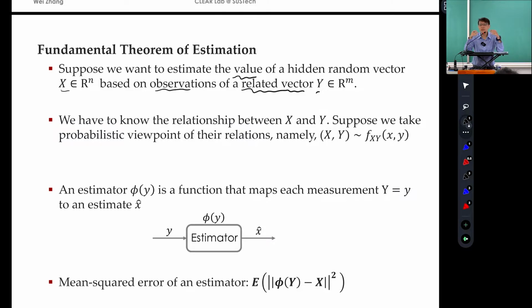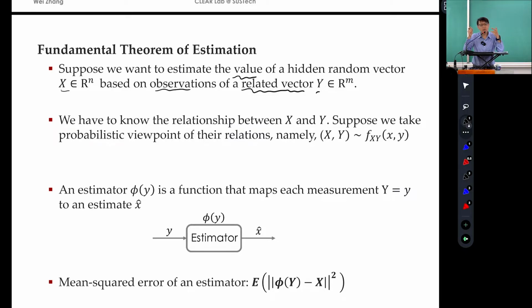Let's think of the famous ImageNet. You have millions of pictures and you want to tell whether each is a dog or a cat. What is the hidden variable you're trying to estimate? It's the label, whether this is a cat or a dog. So x equals 0 if it is a cat, x equals 1 if it is a dog, let's say.